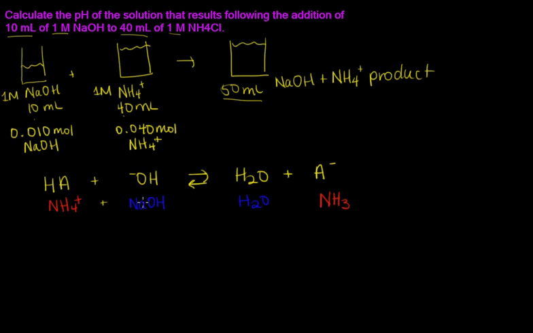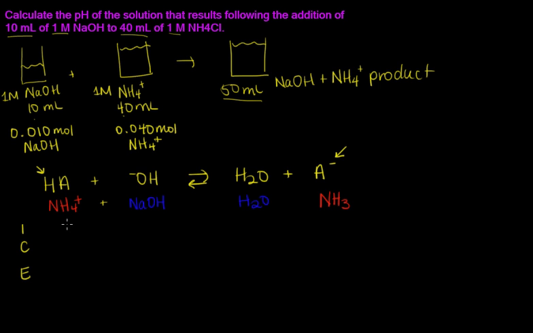Now we can make our ICE chart, and we've already identified what's the acid and what's the conjugate base that we're going to be looking at. HA is here, A minus is here. Initially, we could do this in terms of concentrations, but it doesn't matter if you do concentrations or moles. I'm just going to do this in terms of moles, as long as all your units are the same.